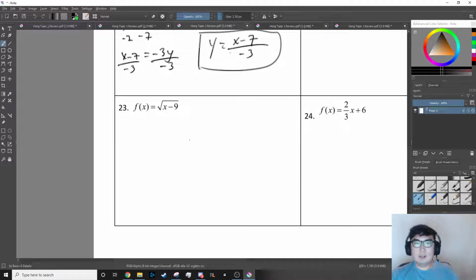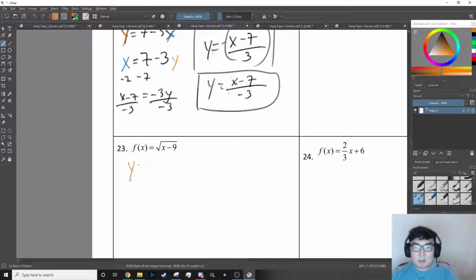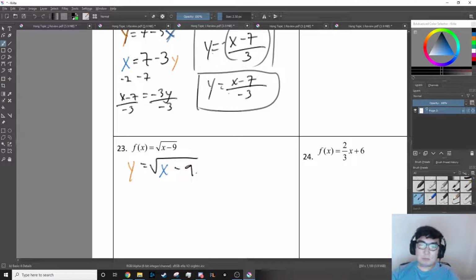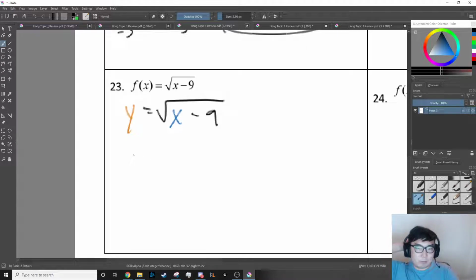And this one. So my y, if I do the same principle where my y was orange, and my x was this nice blue color, that means all I gotta do is switch them.